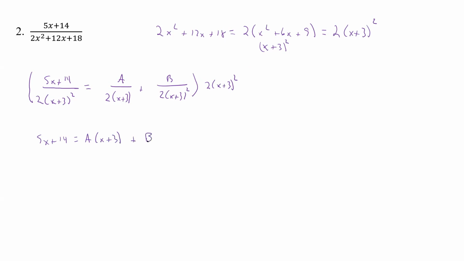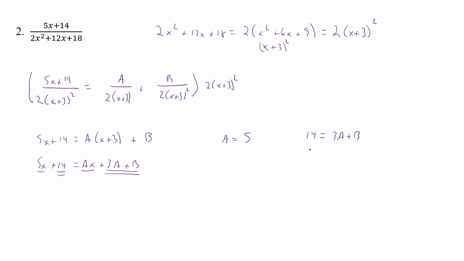We just have B. Now multiplying everything out, that gives me 5x plus 14 equals Ax plus 3A. And then I still have plus B. So my 5x and Ax go together. My 14 and the 3A plus B go together. So I have A equals 5 and 14 equals 3A plus B.